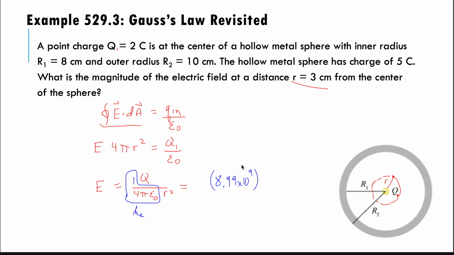And let me just put our Q to the right of it since it was behind it. And then our r squared here is 0.03 squared, or 3 centimeters. And we're going to get about 2.0 times 10 to the 13 newtons per coulomb.